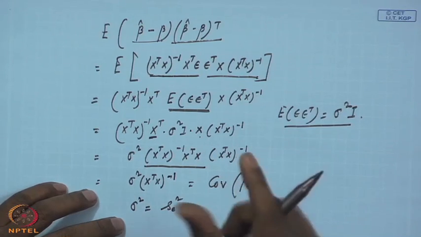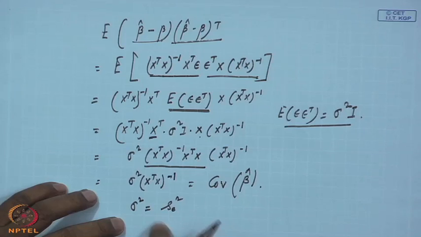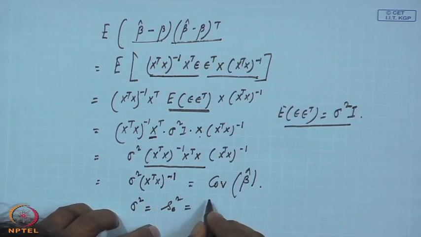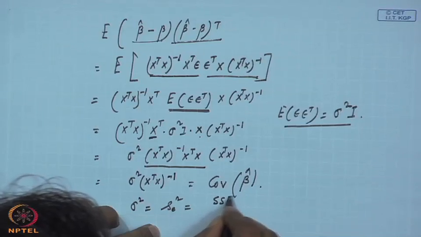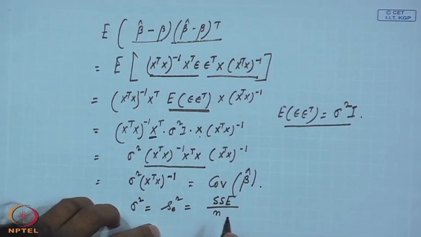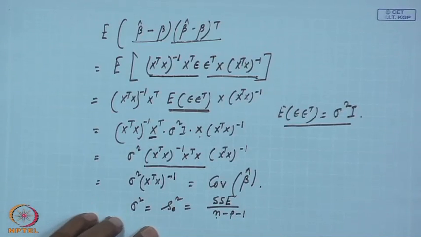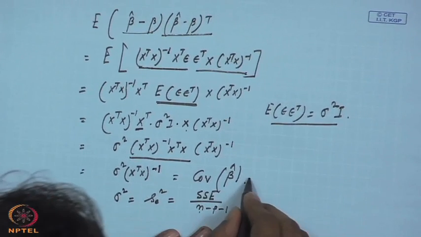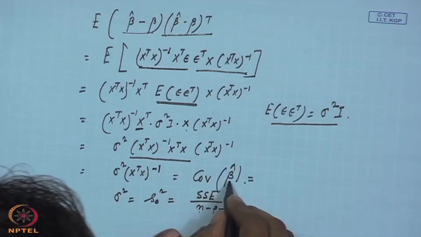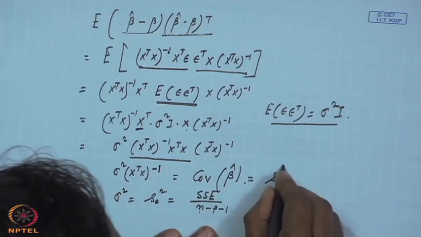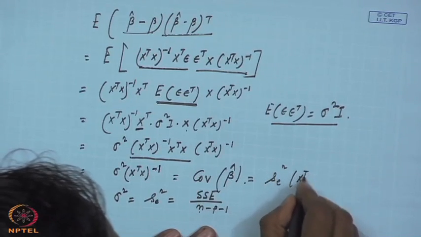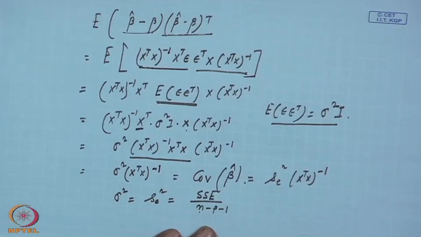That means from the errors, whatever value you get, from there you will calculate the variance component, and this will be SSE divided by the degrees of freedom for SSE, which is number of observations minus parameters estimated. So, we can write then that the covariance of beta cap is S E square x transpose x inverse.